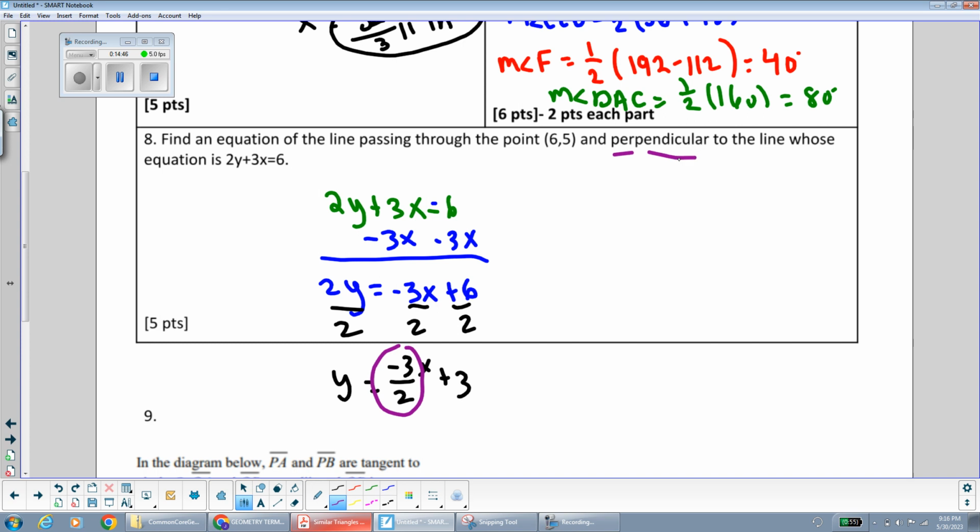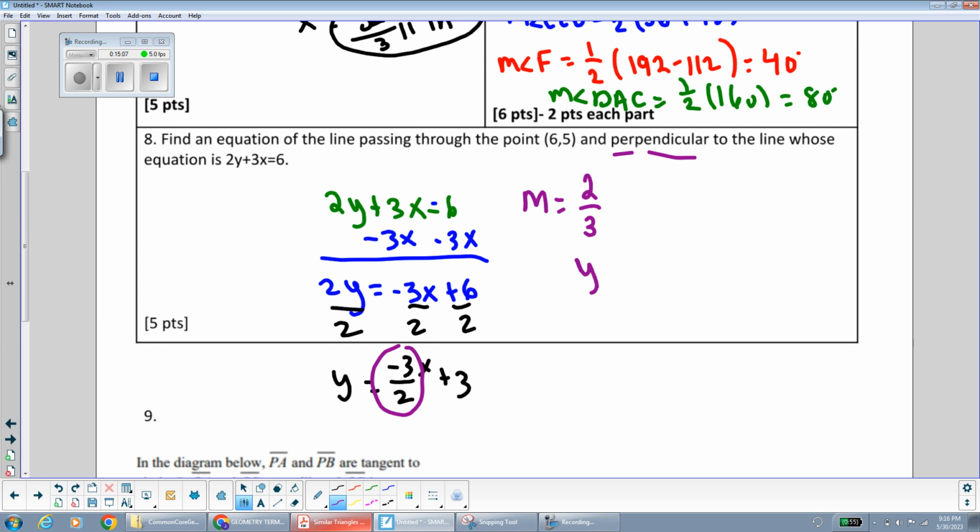And I need the line perpendicular to this one. So remember, perpendicular lines have opposite reciprocal slopes. So the slope of the line perpendicular to the given one would have opposite signs. So instead of negative, positive, and reciprocal, so flip the fraction. That would be 2/3.